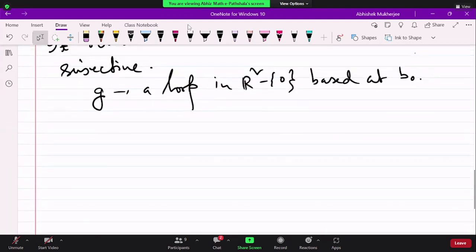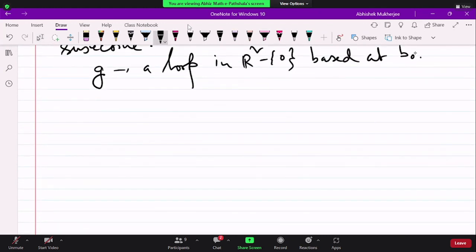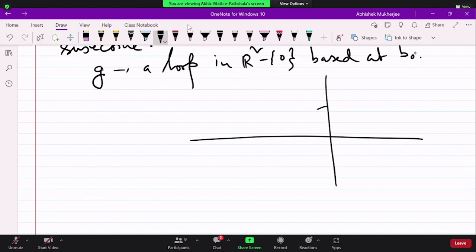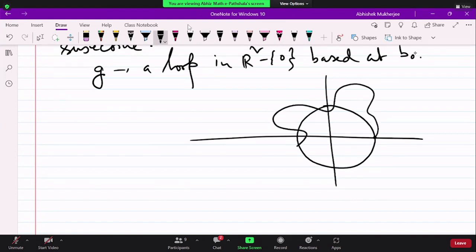Suppose this is your S1 and you are considering a loop, suppose it is your G. Now you are trying to map this G just by making a uniform structure and make it a round one to put it on S1, right?